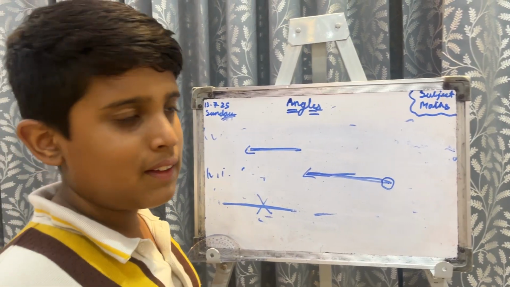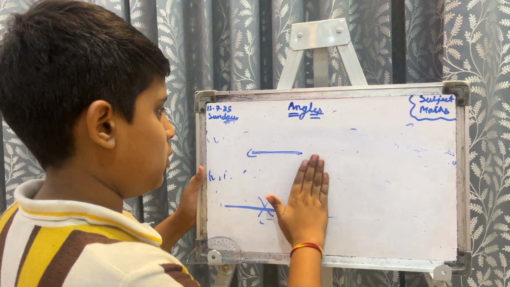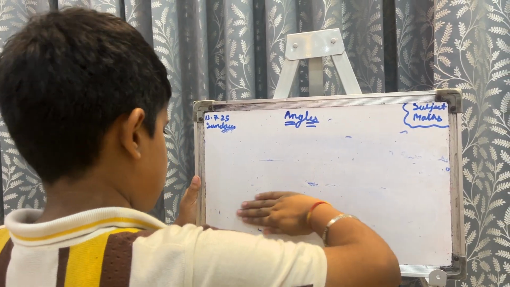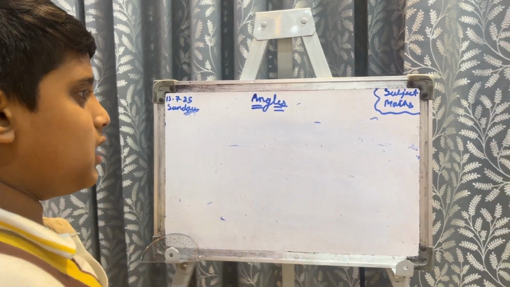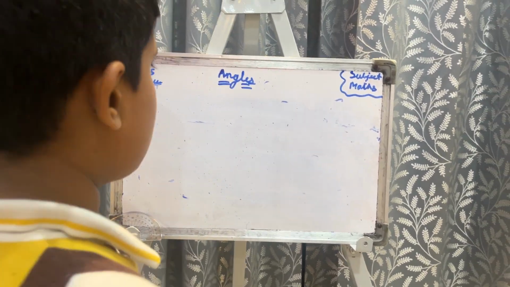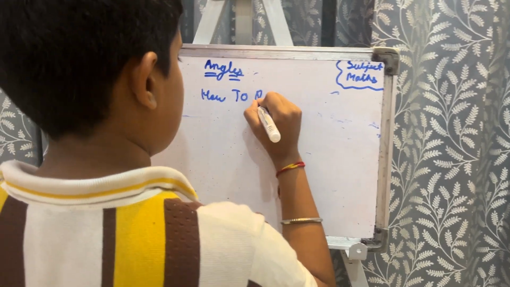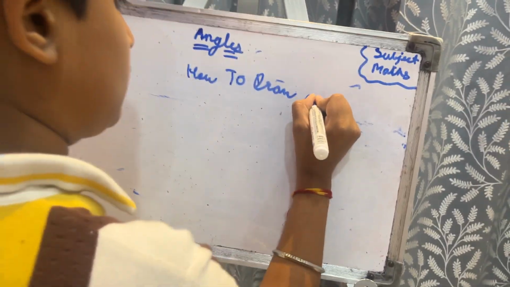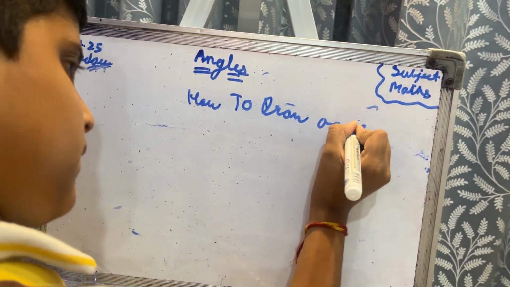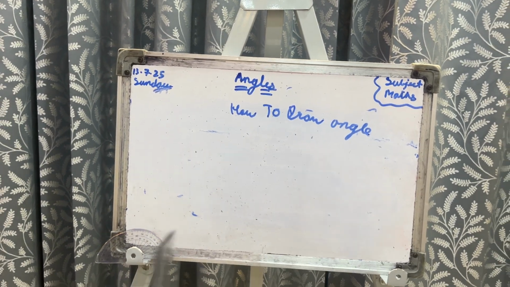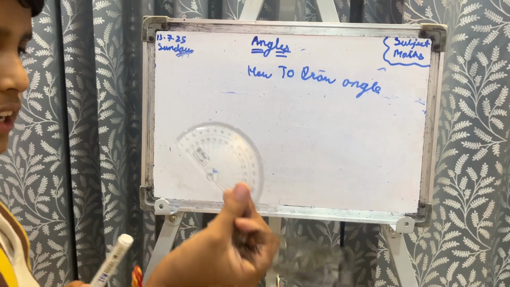Okay, now I will teach you something special about angles. Now I will teach you how to draw angles. We draw angles with the help of a scale and protractor.